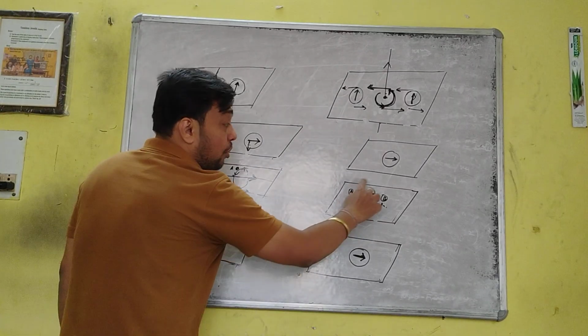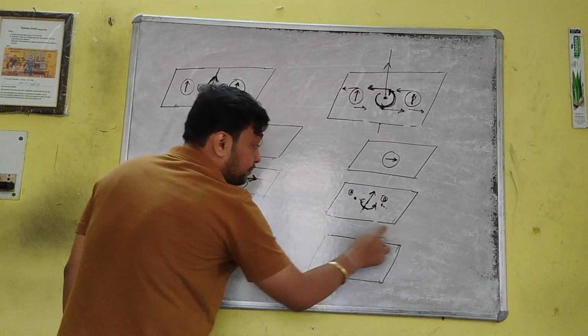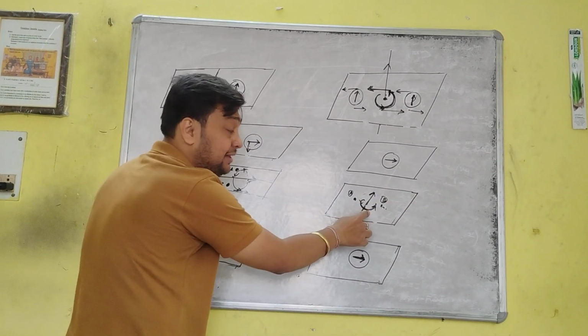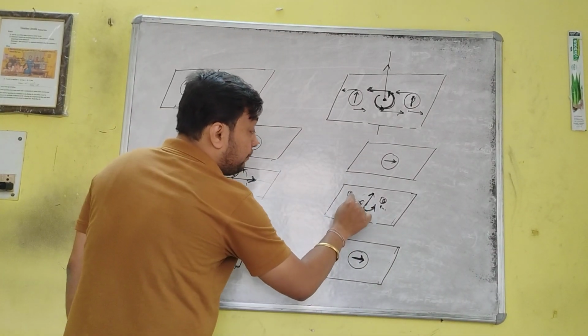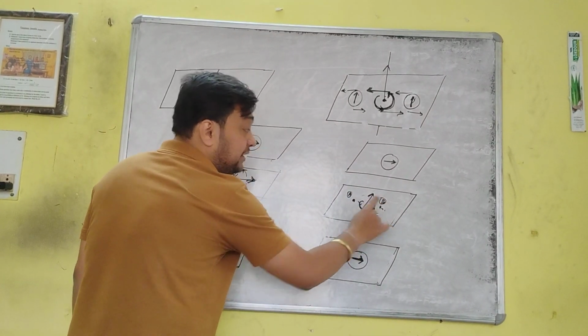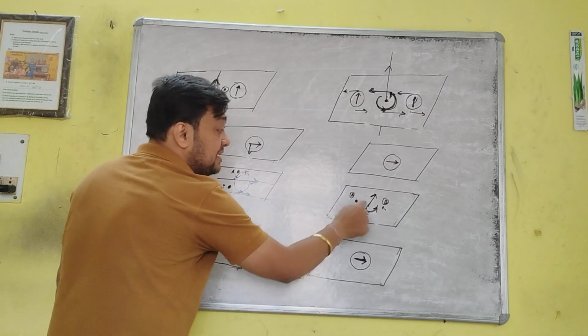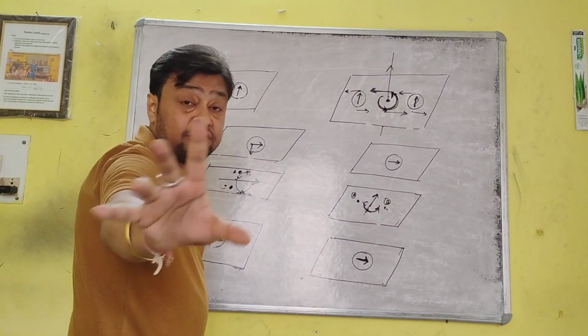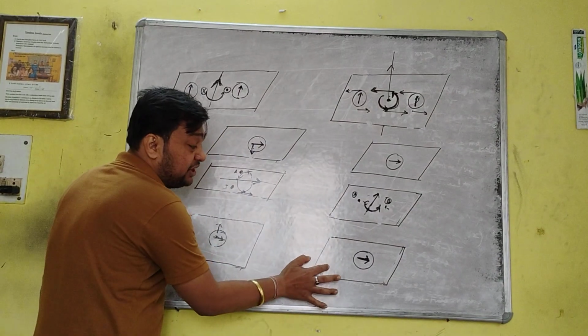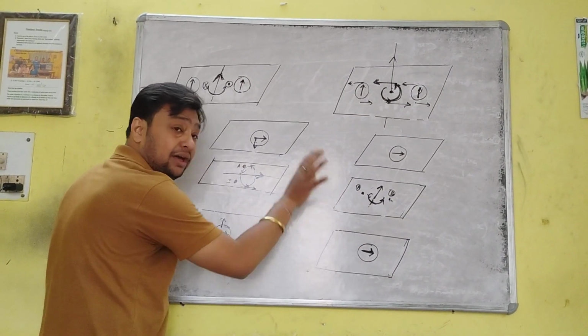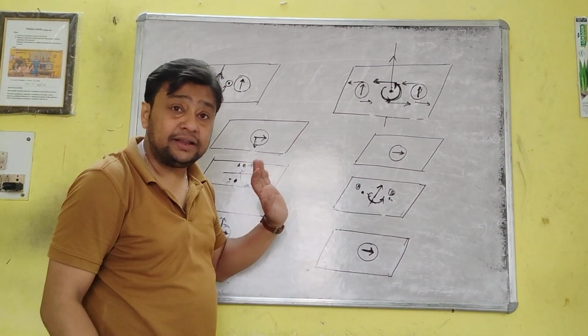Then for this plane the magnetic field plane is perpendicular. So for point A and point B, if I keep the compasses, there will be no deflection.